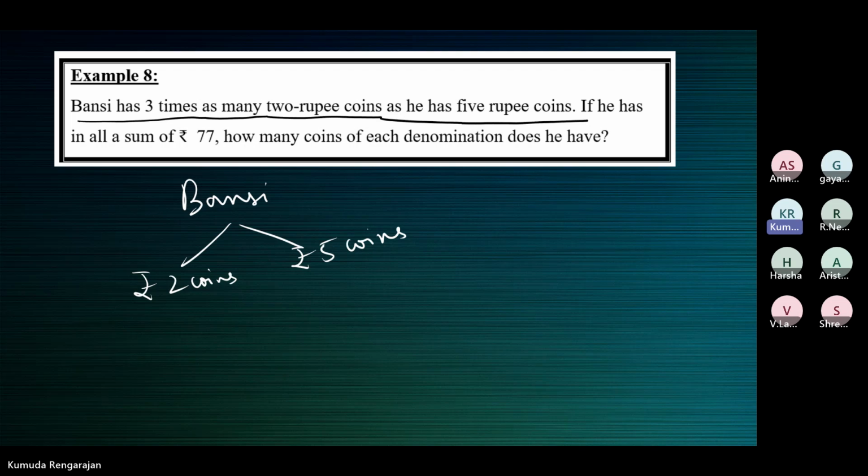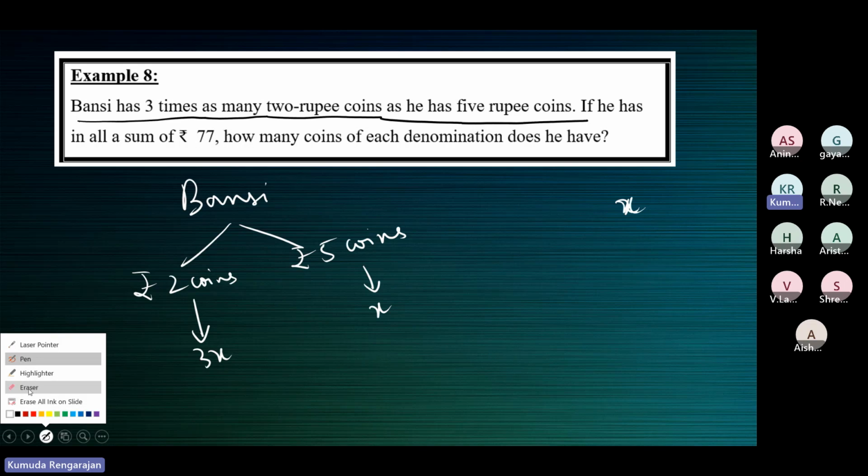So that means if the number of 5 rupee coins is x, then what will be the number of 2 rupee coins? It will be 3x, because 3 times.